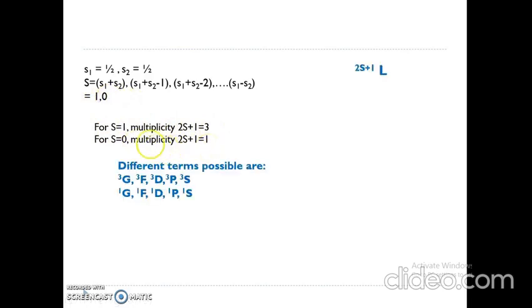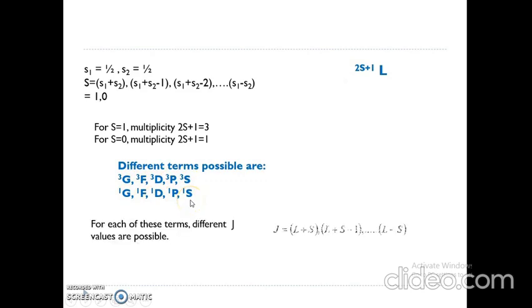So the different terms possible for a d2 system are, for multiplicity 3: 3G, 3F, 3D, 3P, 3S. Similarly, if multiplicity is 1: 1G, 1F, 1D, 1P, 1S. So 1, 2, 3, 4, 5, 6, 7, 8, 9, 10. 10 different terms are possible for a d2 system.